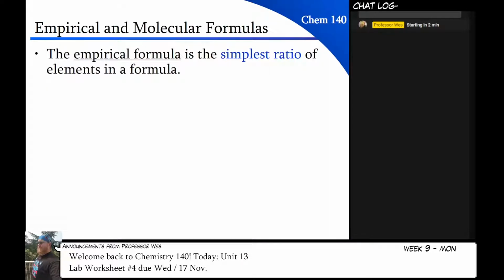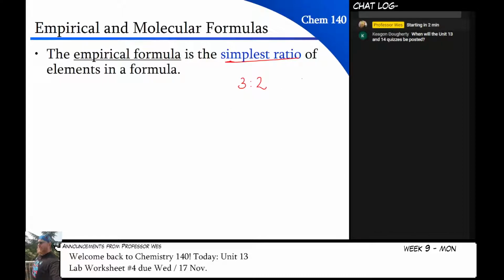The first thing we're going to define is an empirical formula. An empirical formula is the simplest ratio of elements in a chemical formula. What that means is that if we have a ratio like this, I can't divide anything out without making fractions.